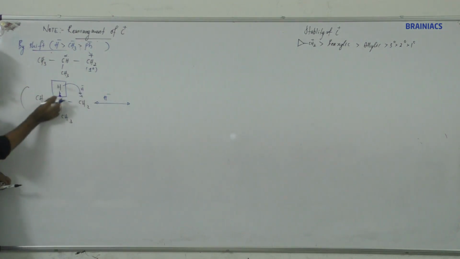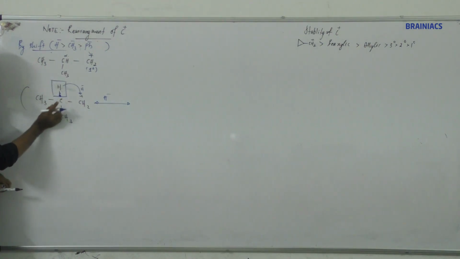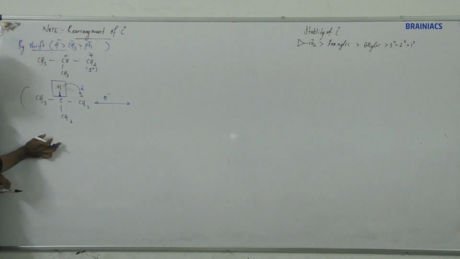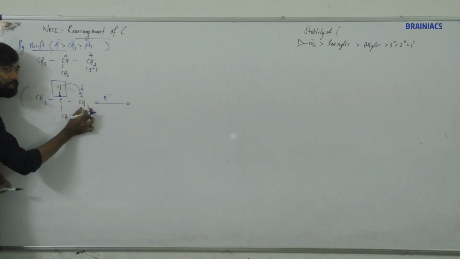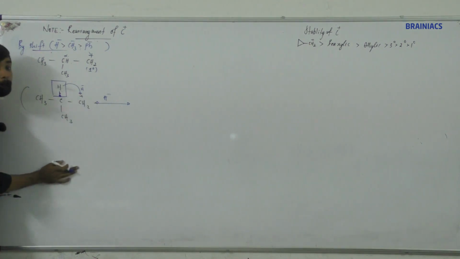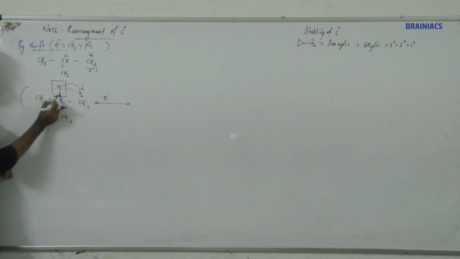So what happens? If H minus, or this electron, is taken from this carbon, then this carbon becomes positive. Agreed? And if H minus enters to here, CH2 plus, H minus becomes CH3, where the positive charge will be here.